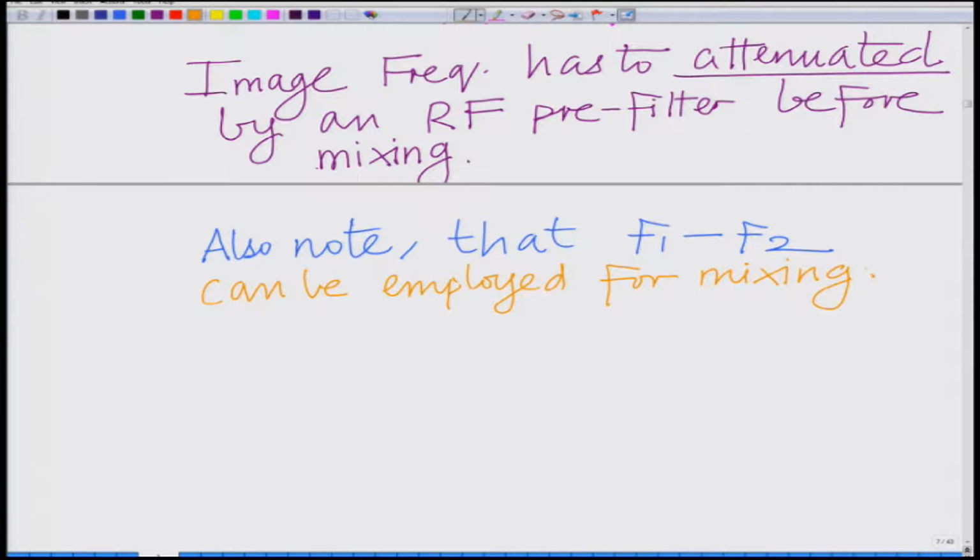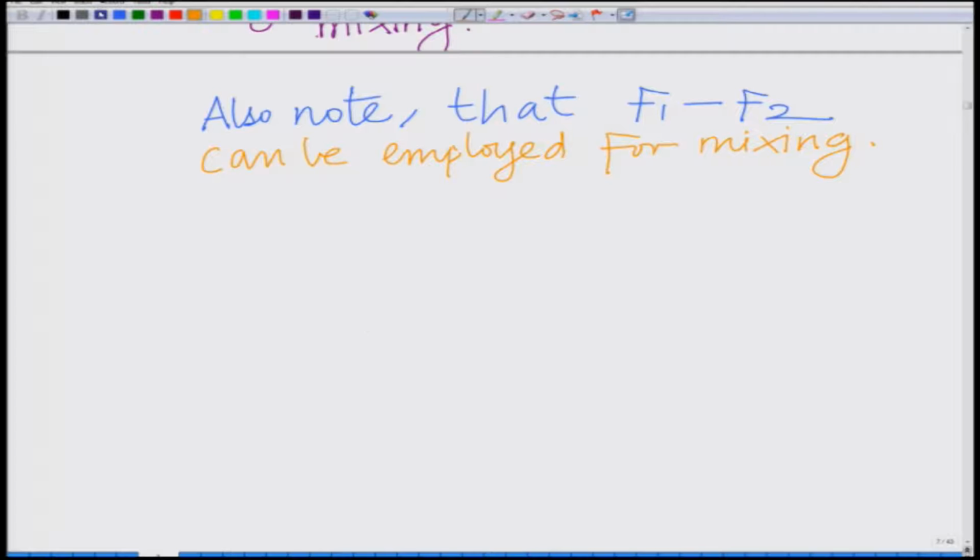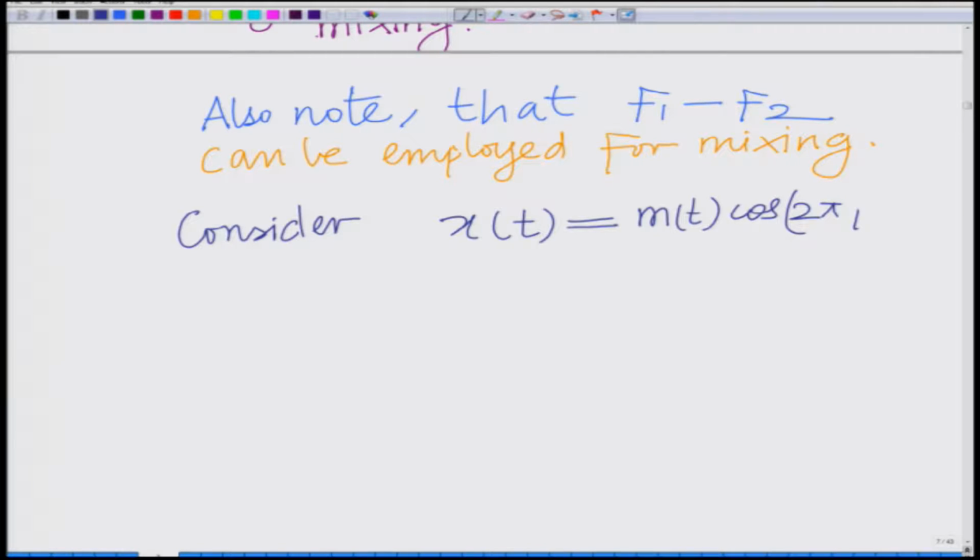For example, consider once again x(t) equal to m(t) cosine 2 pi f1 t.